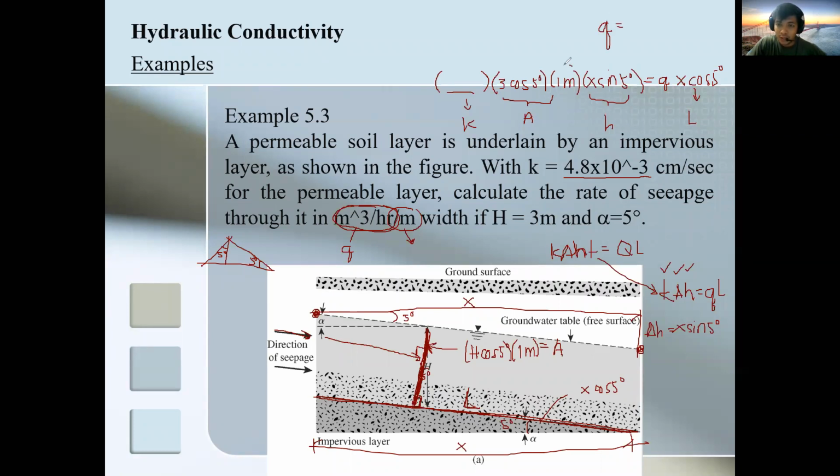So the 1 meter here is multiplied, again per meter.